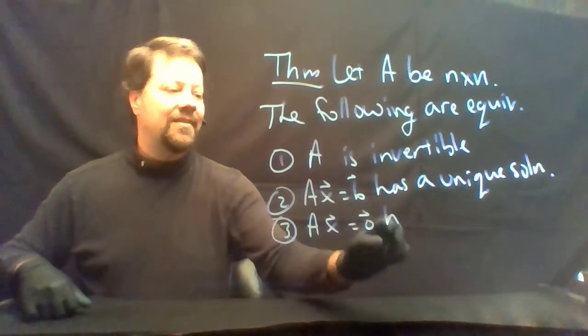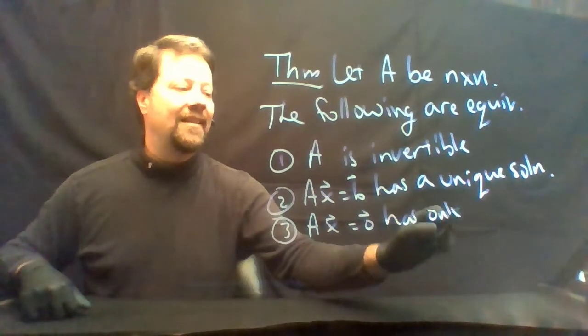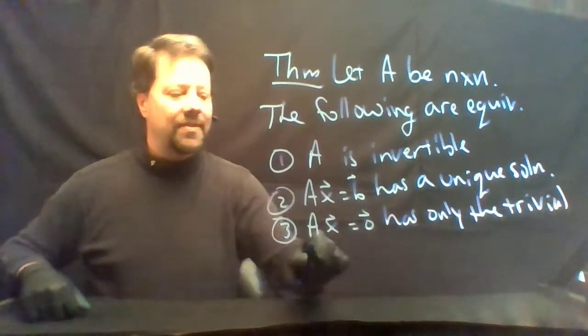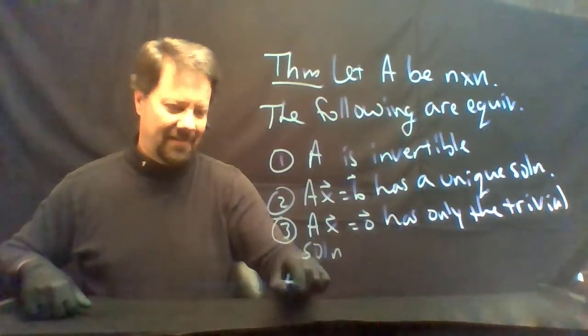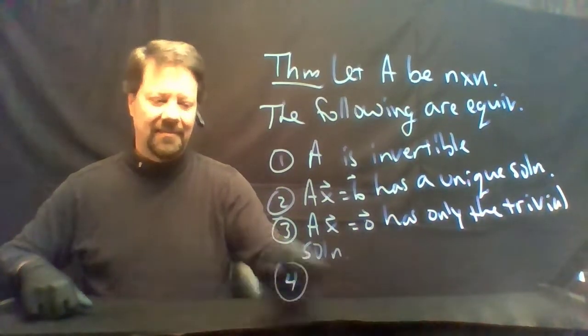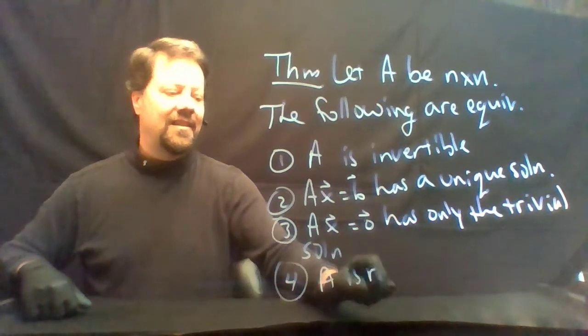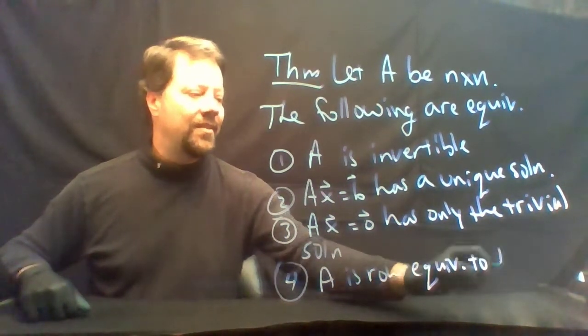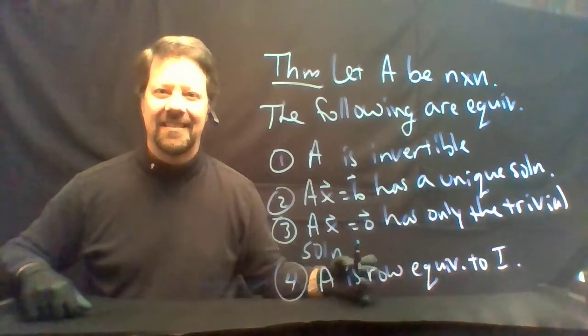Ax equals 0 has only the trivial solution. A is row equivalent to the identity matrix.